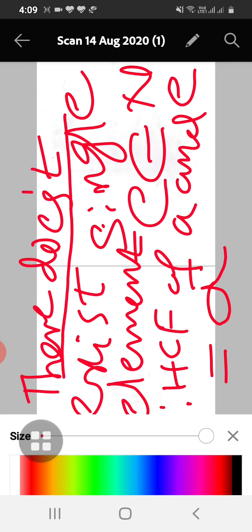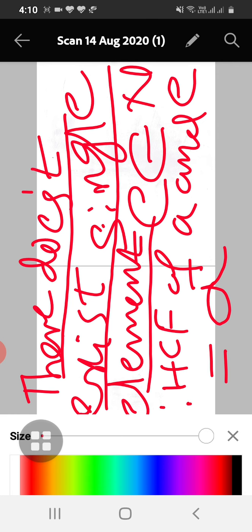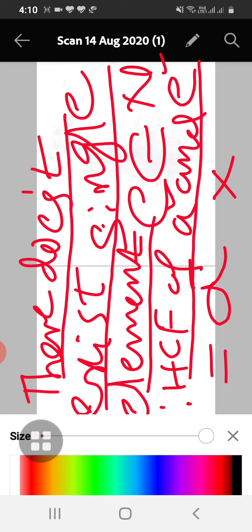There does not exist a single element E such that HCF of that element and E is equal to A. We have no such element. Therefore, in this example, we can conclude that the identity element does not exist.